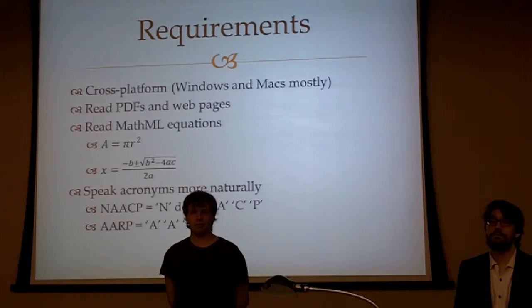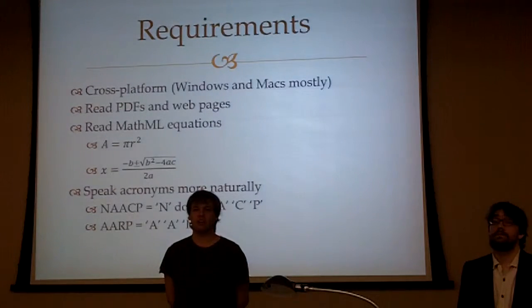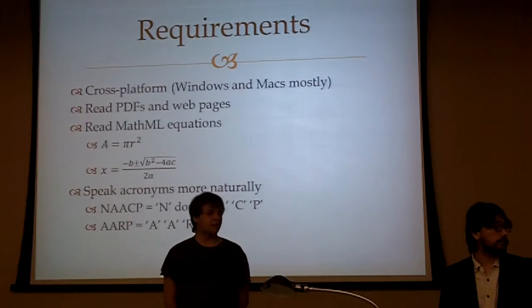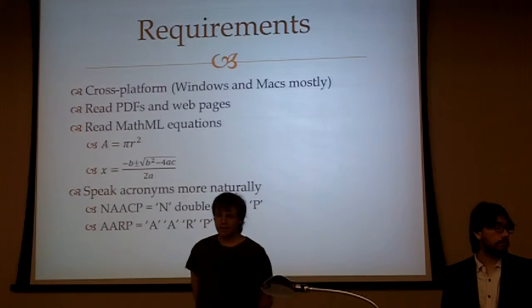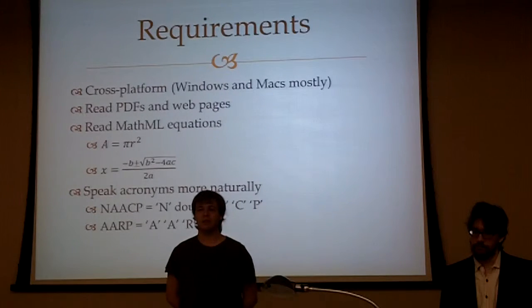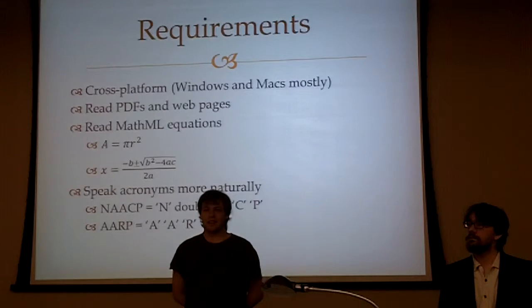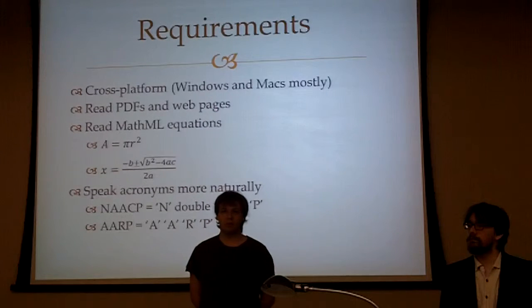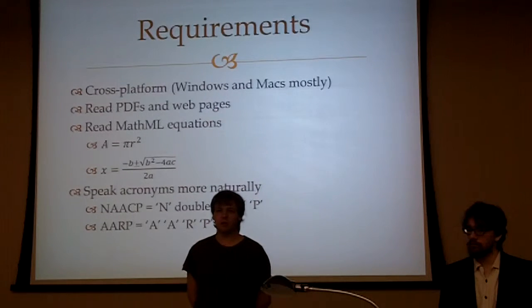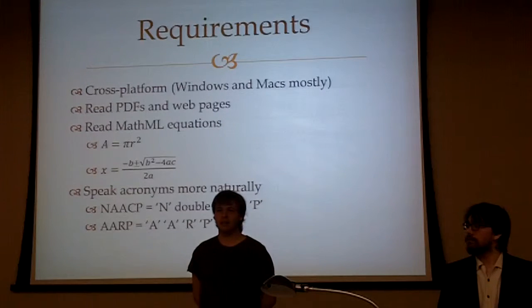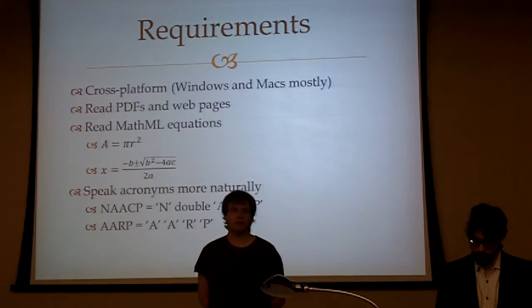Such as you can see from the two equations there: A equals pi r squared and the quadratic equation. These are, as you can see, somewhat complicated, and we need to be able to read them. We also want to read more difficult equations, at least going up to calculus, though that may take some time to figure out how to make the reader read them.